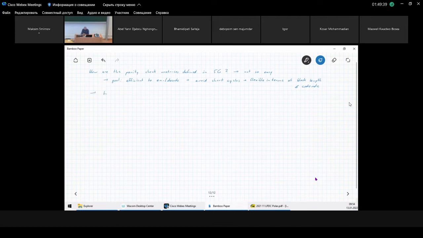So in the 5G standard, so-called base graphs are used.